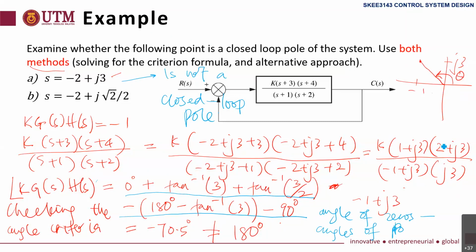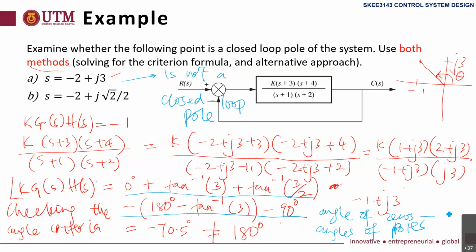But later we will show this in a graphical form. If it's not, then we stop. We don't have to check the magnitude criteria because it is already not fulfilling one of the criteria.